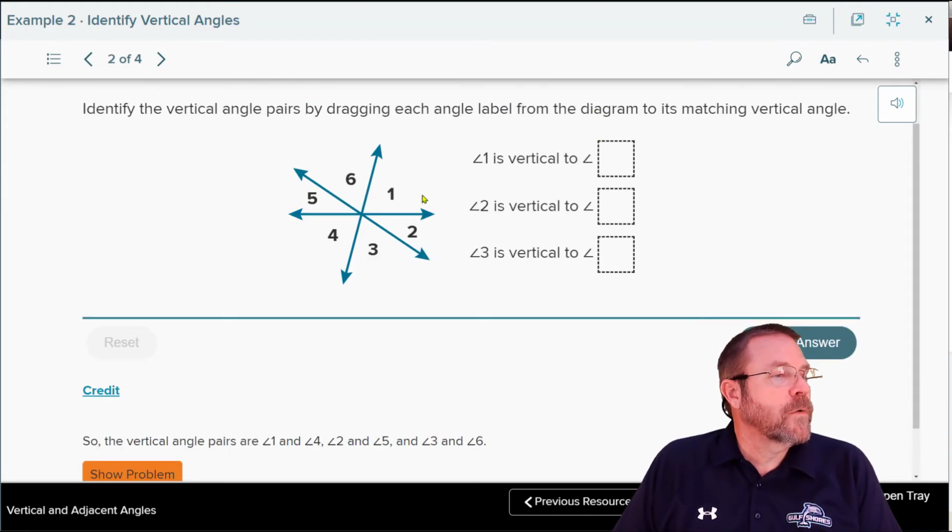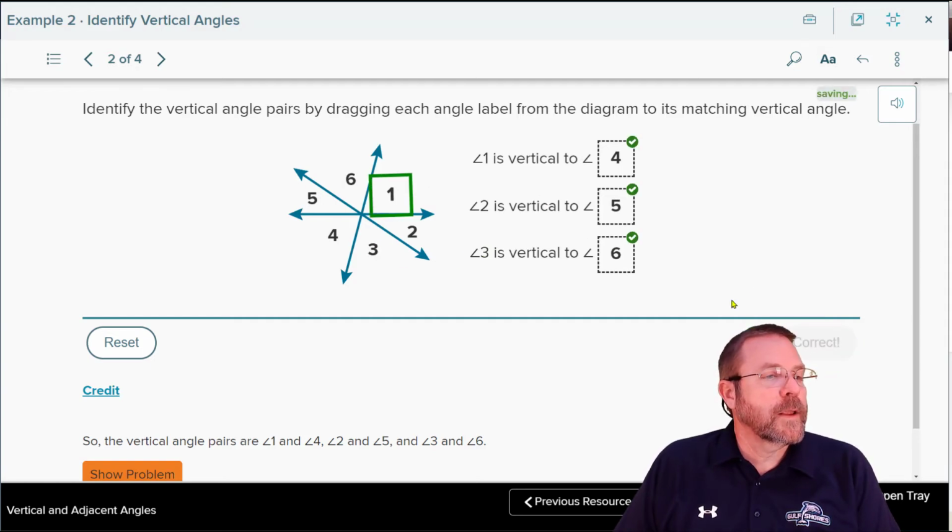So angle 1 is going to be angle 4, because angle 4 is on the opposite side of the intersecting lines. Angle 2 is vertical to angle 5. And angle 3, that's this one here, is going to be vertical to angle 6. And check, it really is that simple.